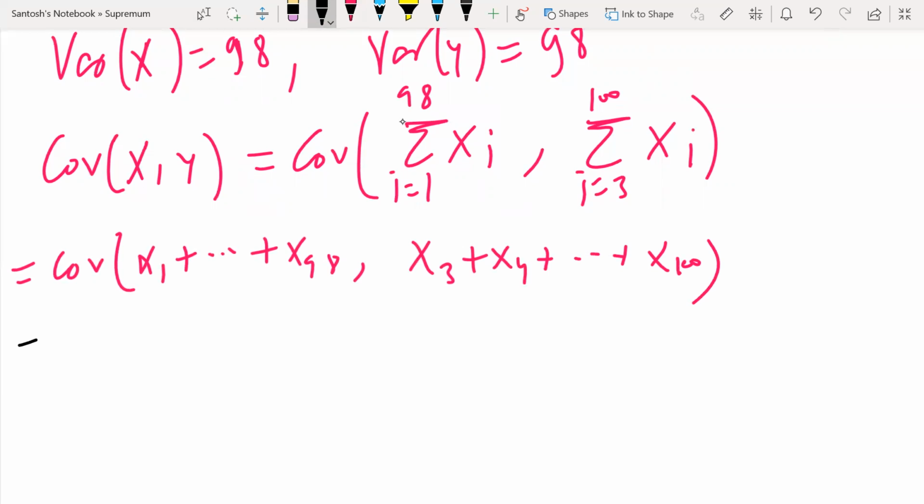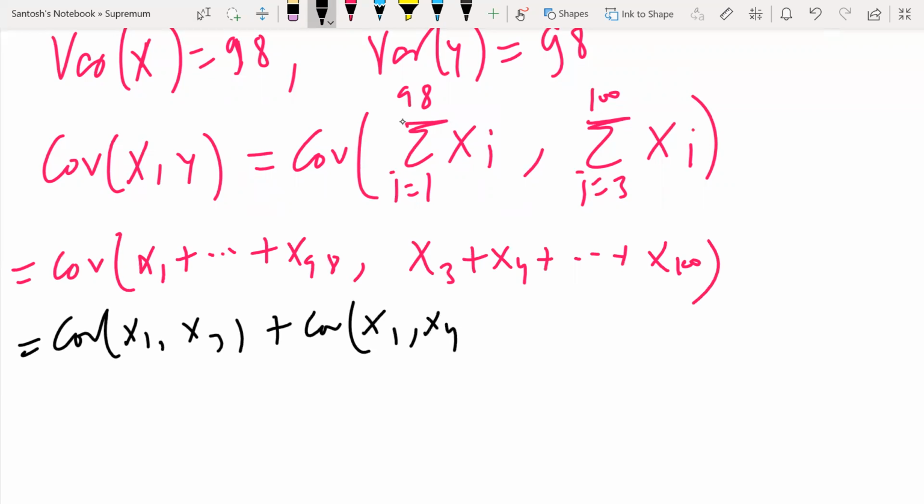If we open this using the formula of covariance, it is covariance of x1 comma x3, then covariance of x1 comma x4, and so on up to covariance of x1 comma x100.